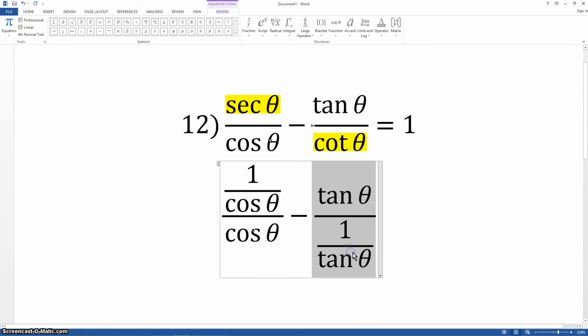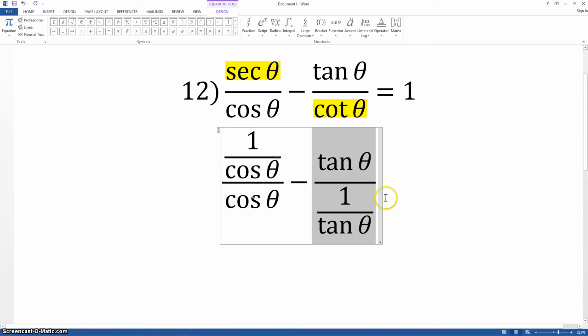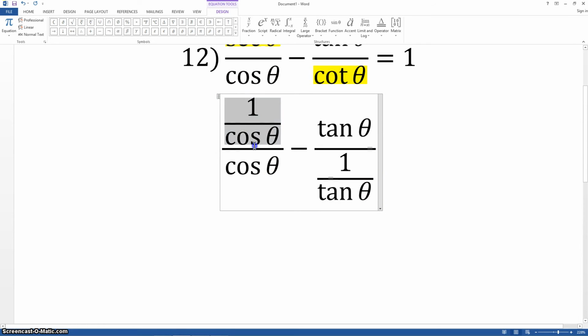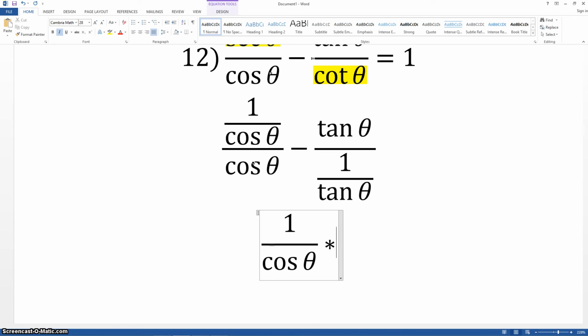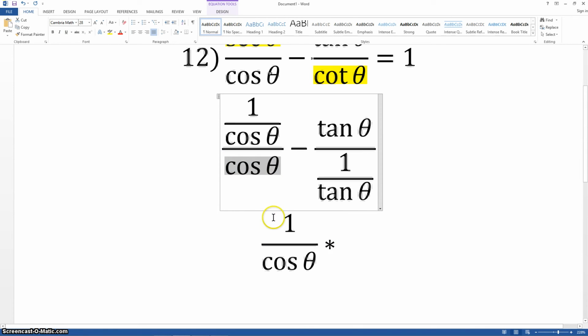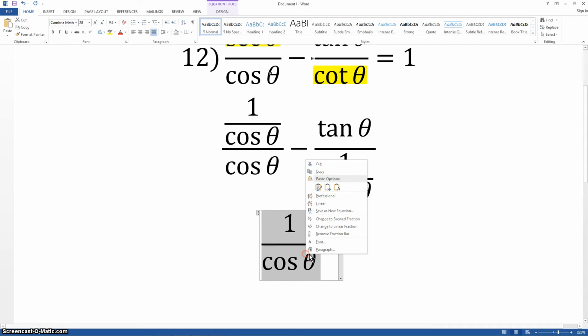Now, this one right here will be a copy, change, flip. So let's go ahead and do that. I'm going to copy, change, and flip. Flip this one. When I flip it, it becomes actually the exact same thing.